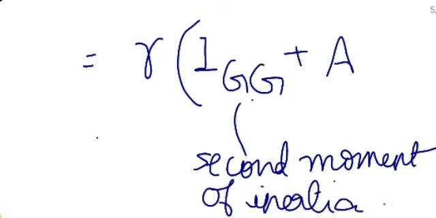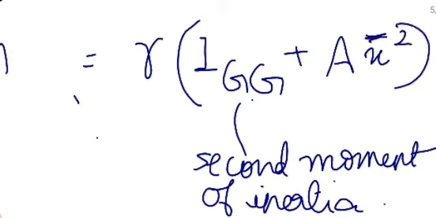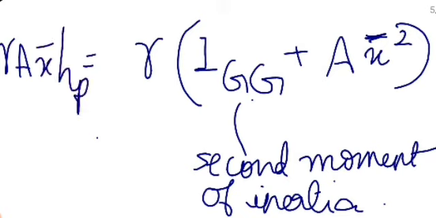To get that about the surface line, we have to use the parallel axis theorem. The moment of inertia about any axis parallel to another axis is the moment of inertia about that axis plus area times the distance between the two squared. Suppose the distance is x bar: A x bar squared.